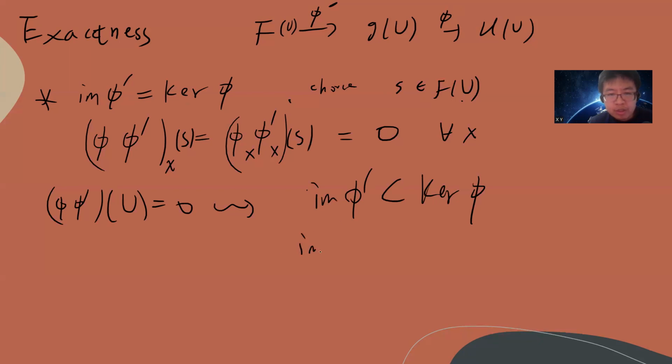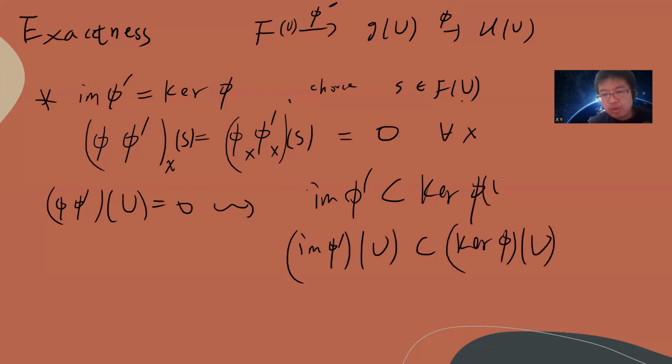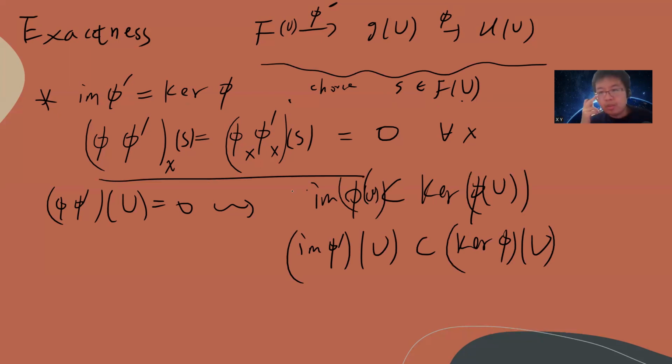Basically, the image of phi prime U is in the kernel of phi U. If we restrict it to each stalk, we always have this, because each stalk maps to 0. Okay, so we got the easy direction.